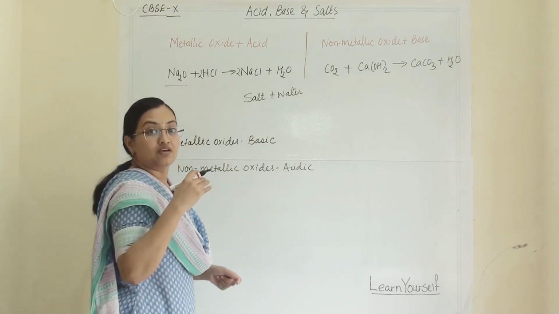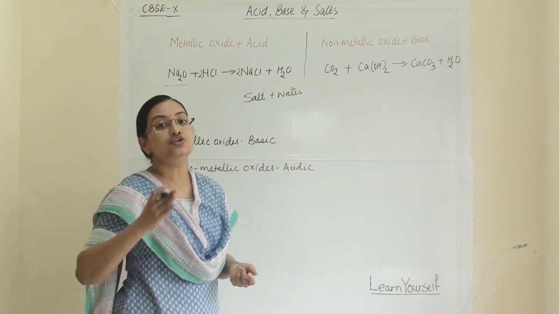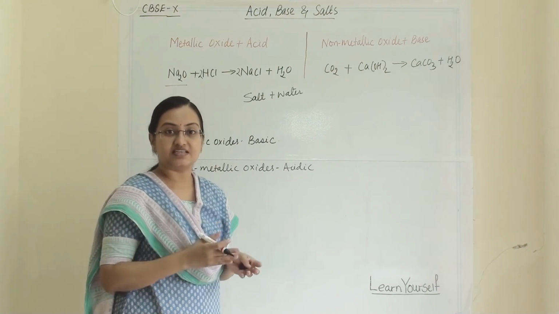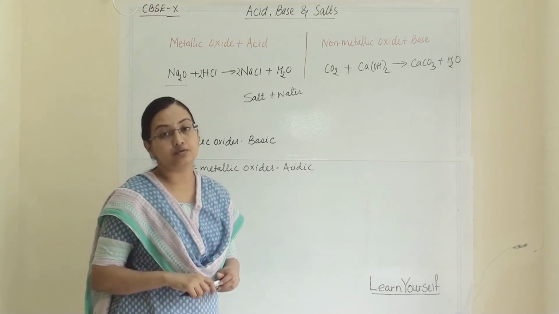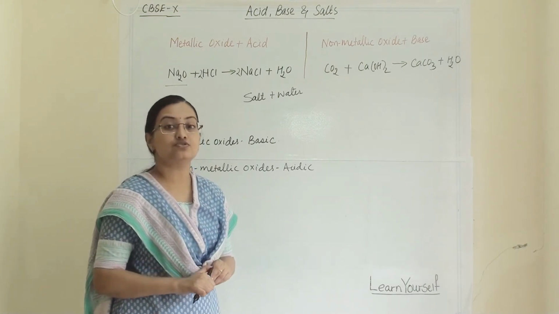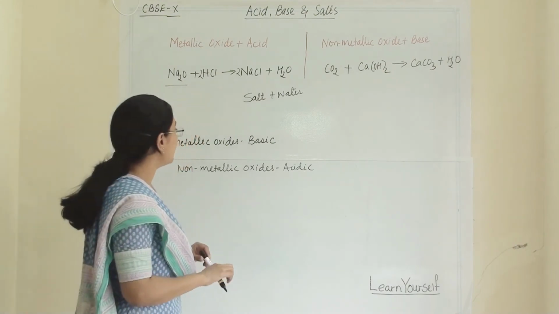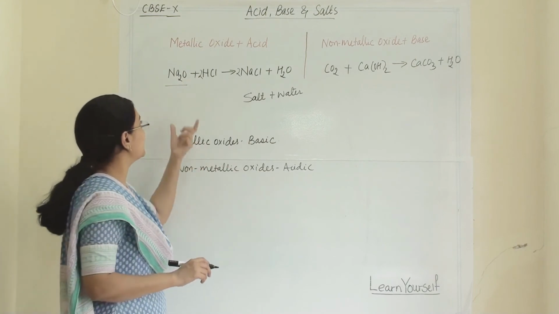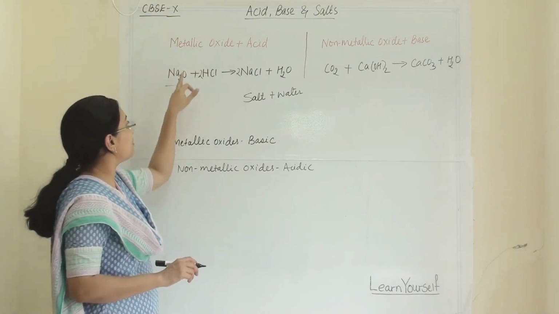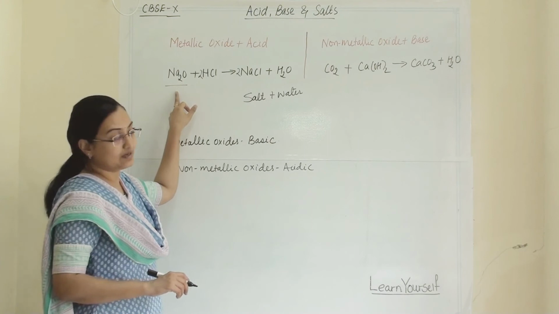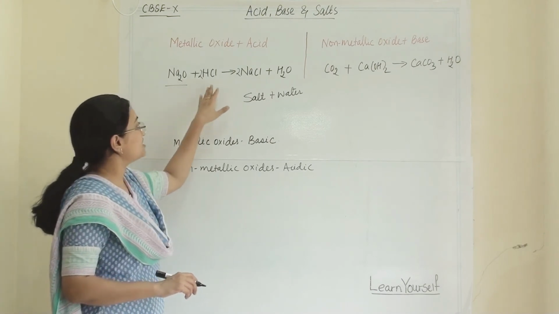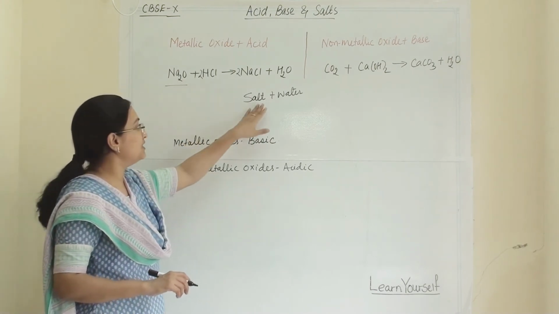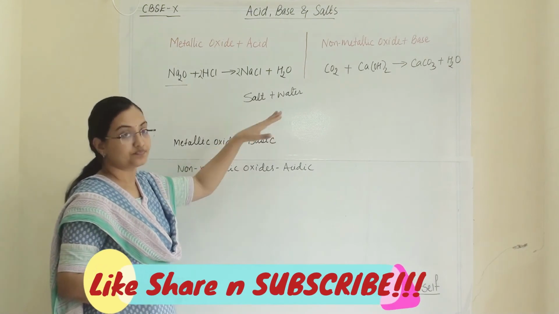Similarly, as in neutralization reaction, one acid compound reacts with a base compound and we get salt plus water. Here we cannot say this is an acid compound or basic compound, but the nature of metallic oxide is basic. So when a basic compound reacts with acid, we will get salt plus water.